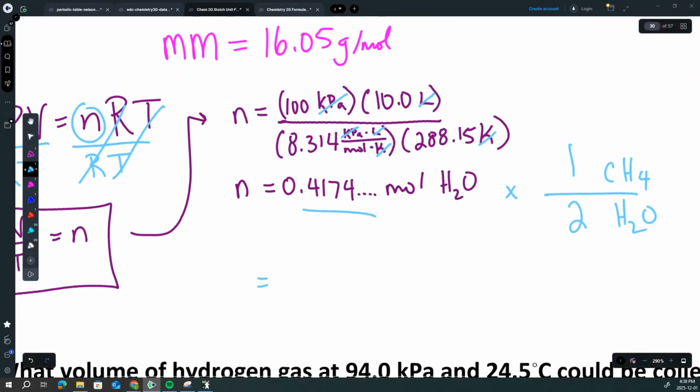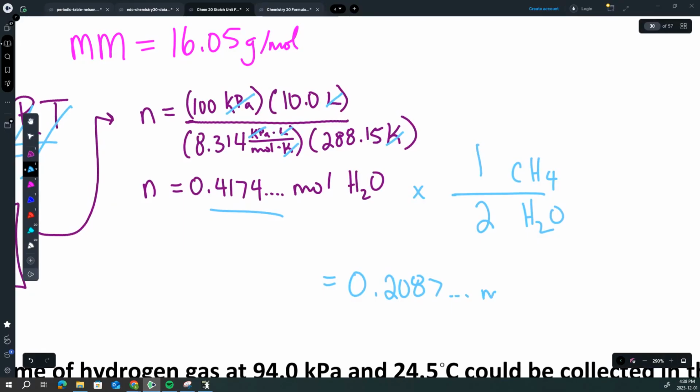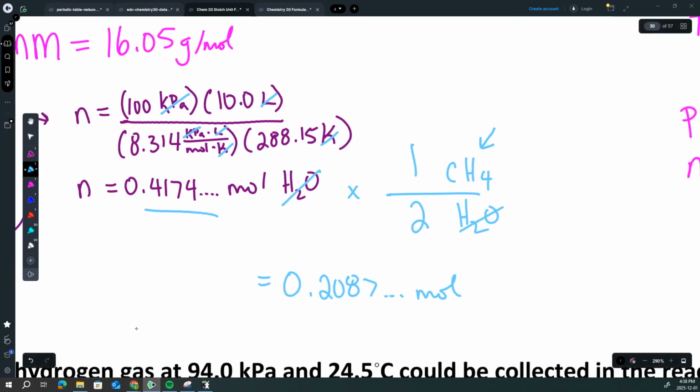Yeah, I do got to write it over here just to save myself some room. So 0.2087 goes on forever moles. Now, if you treat water kind of like a unit, so water is in the numerator and denominator, so they cancel out. So the identity of the substance is methane. So I'm going to write that this is moles of methane.